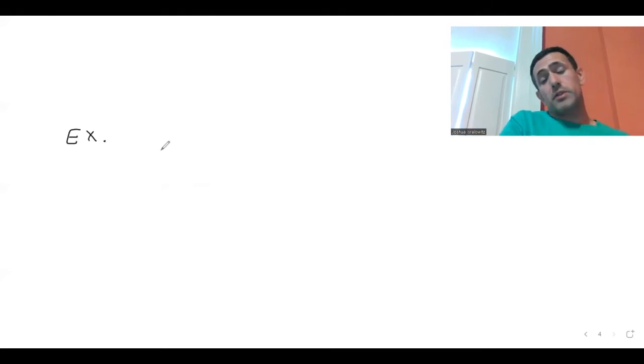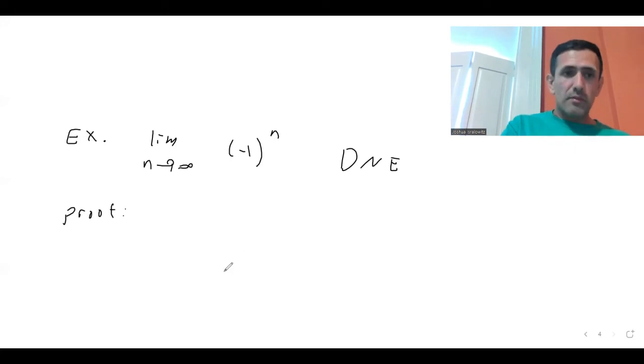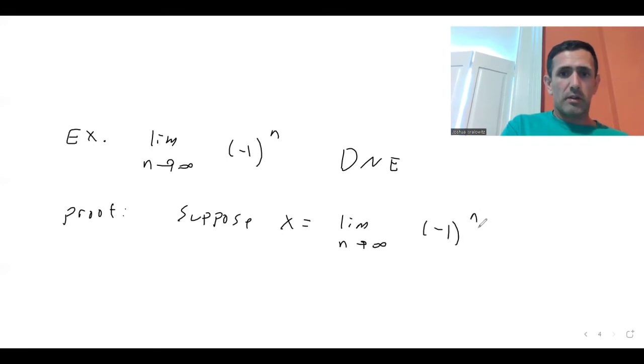Okay, a simple example using this little theorem to prove divergence of a sequence, instead of using the definition of a limit, which is a pain to use to prove that things are divergent. So let's do something very easy. This limit does not exist. Let's suppose it does exist, and let's look at two different subsequences. If the limit exists, they have to be the same.